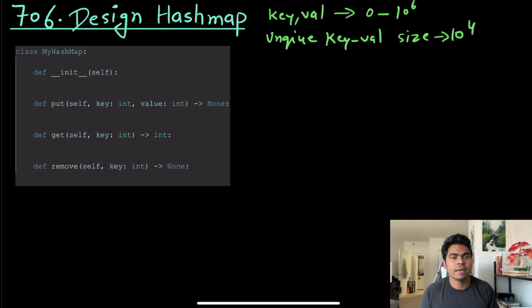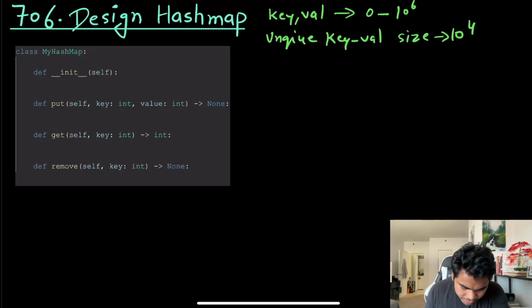We are given keys and values as integers, but in a general scenario, like in a hash map, it's not just integers, you can store anything and everything. You can even store a hash map in a hash map. So crazy, right? In this particular case, for keys and values, what if as my key I just use the indexes of the list?